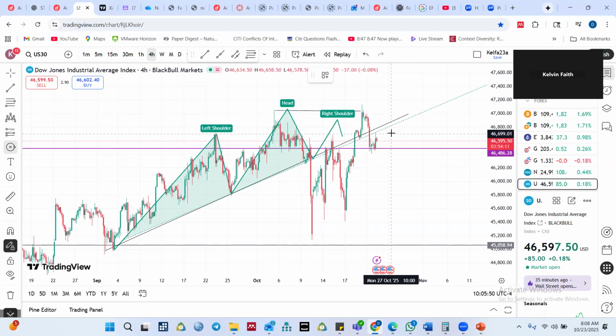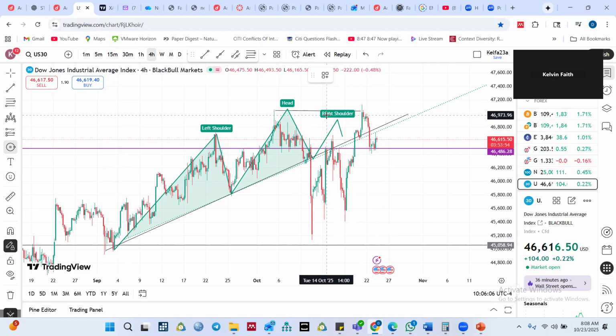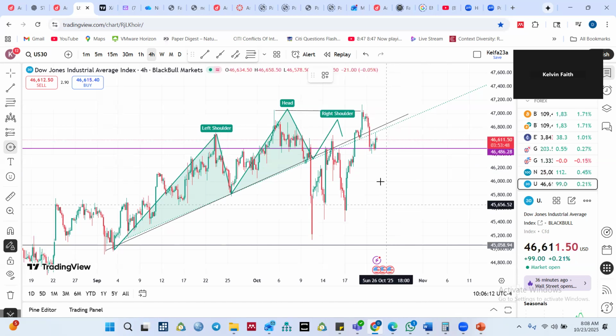I should look for a lower high. If price does not come up to take these tops out again, then I'm going to have a failure swing or a lower high here. And that will be the right shoulder, okay? And that is what lets price fall.